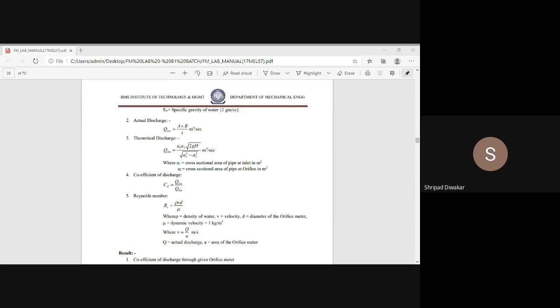No, that is meter per second only, right? Don't put minus 3 like that. Whatever answer you're getting, that is meter per second only. So it will be 2.507 into 1000 into 25 into 10 to the power of -3 divided by 0.001.